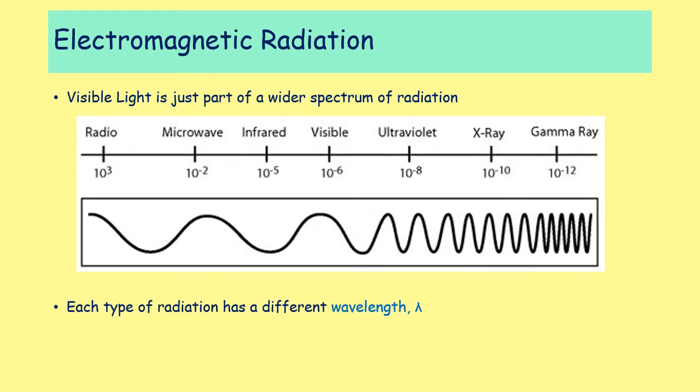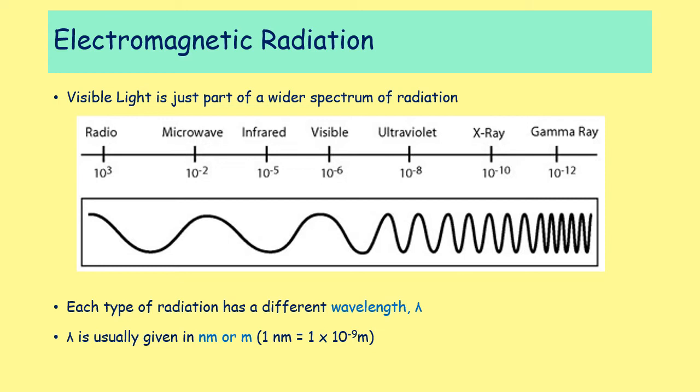Now, the wavelength is what makes these waves have different energies. And the wavelength, the symbol is like an upside down Y, and it is called lambda, lambda for length. It is typically given in nanometers or in meters.